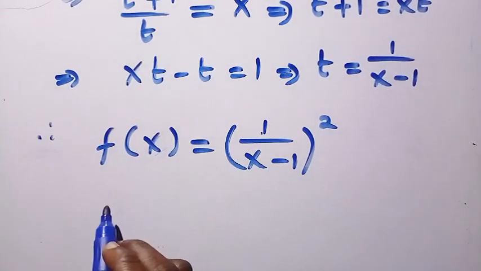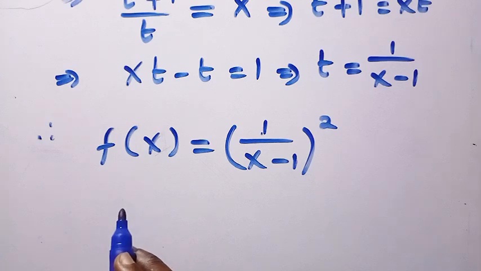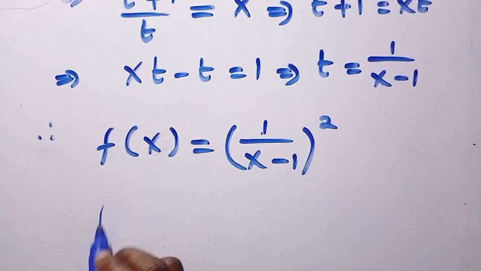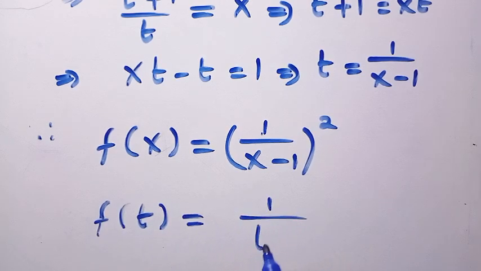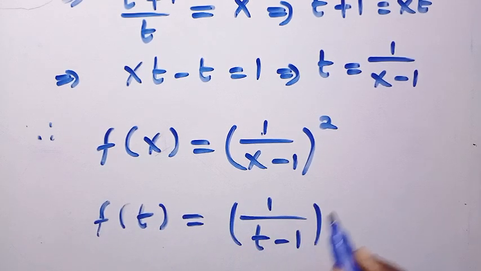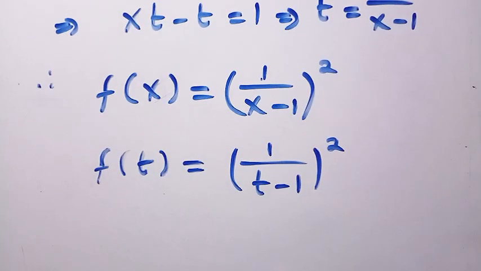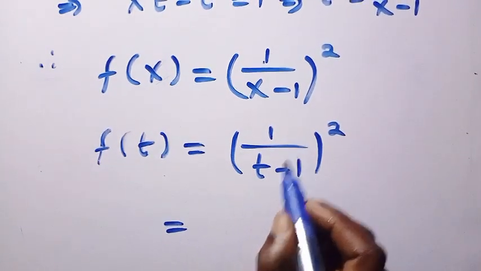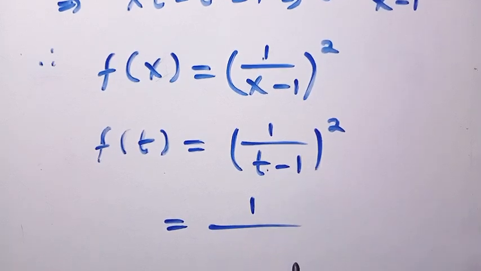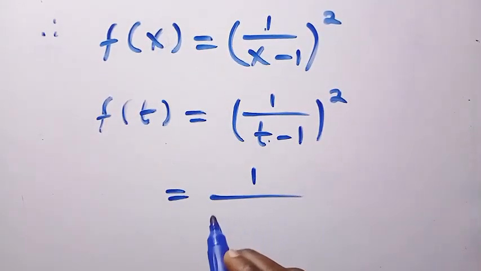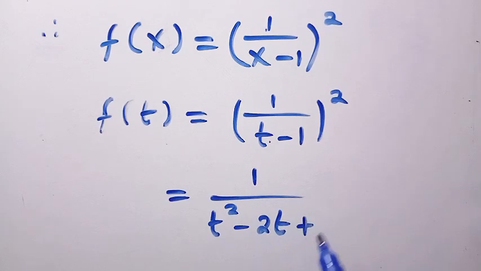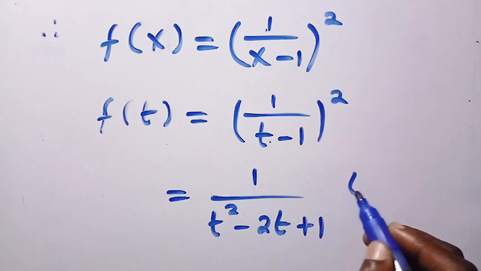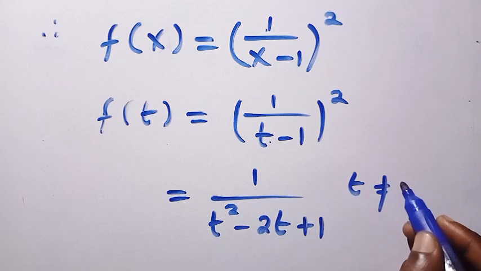Then again, we replace every single x with t, so we have f of t equals 1 divided by t minus 1, then raised to the power of 2. If we like, we can expand this denominator as 1 over t minus 1 squared, and t minus 1 squared gives us t squared minus 2t plus 1, as t also is not equal to 1.